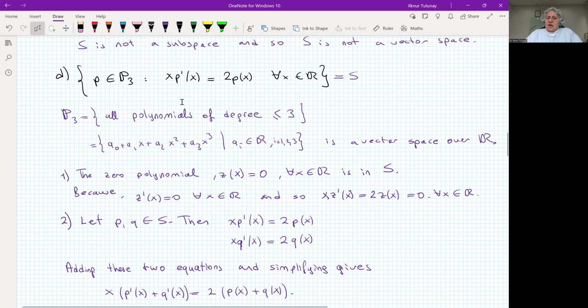So S is a subset of P3. In order to see that S is a vector space, we need to prove that S is a subspace of P3.